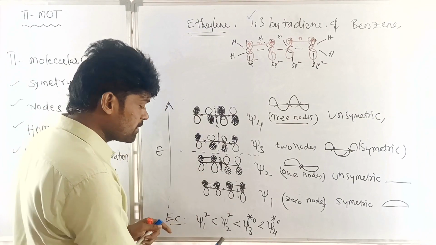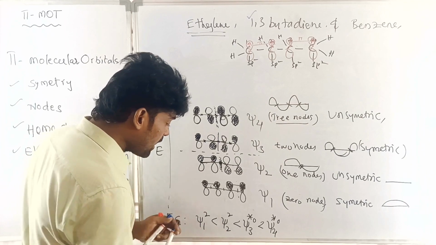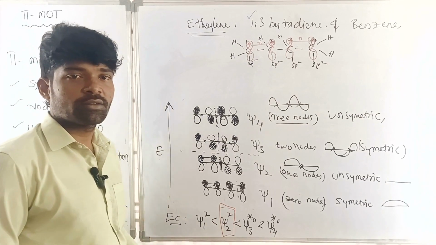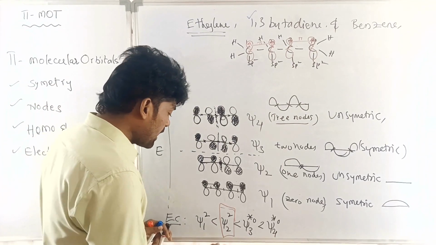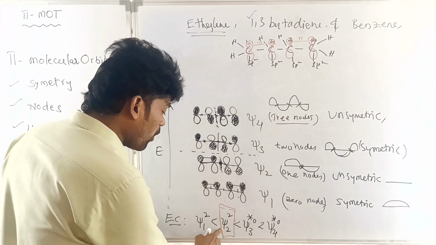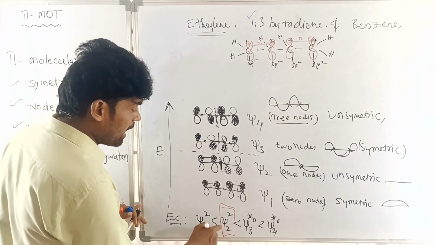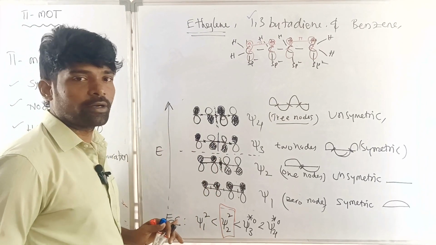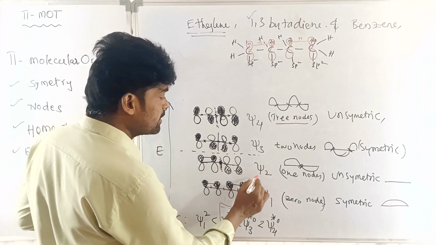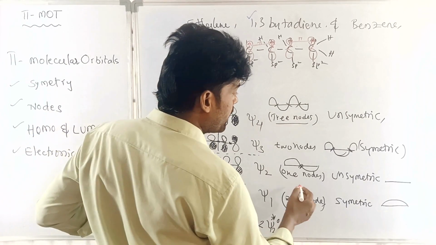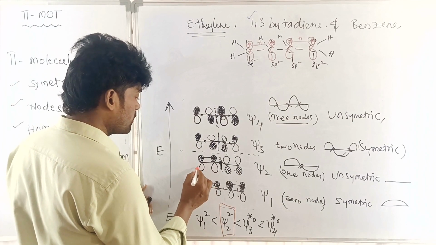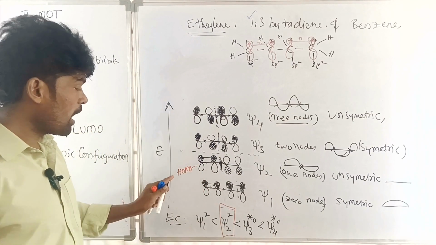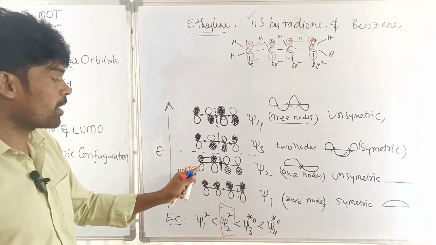In the total system, psi 2 will be the highest energy with electrons. Clear? So I am calling this orbital the highest occupied molecular orbital, HOMO.